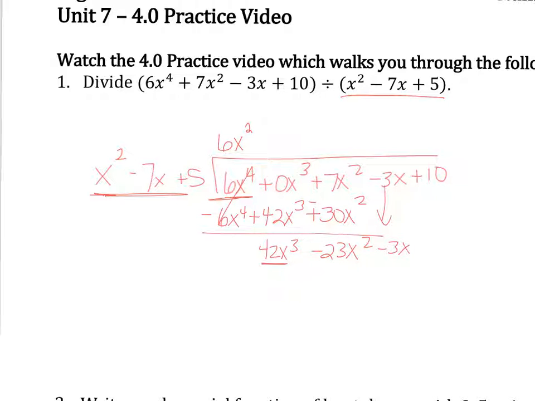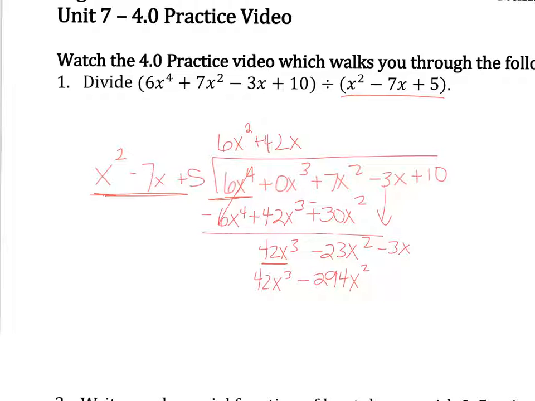We look at the first thing here and we divide it by x squared. So it'll be 42x. Then we're going to multiply. 42x times x squared is 42x cubed. 42x times negative 7x is negative 294x squared.